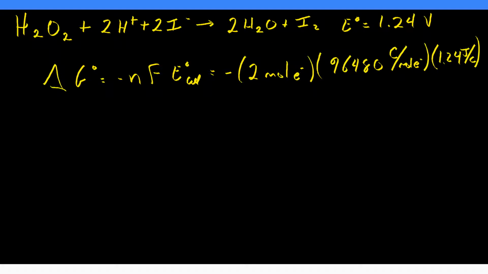It's a little harder to see on this one, and you might not remember that far back, but there were 2 electrons being transferred in this reaction. So 2 electrons times 96,480 times 1.24 joules per coulomb equals negative 239 kilojoules. So again, it's spontaneous, but that number doesn't necessarily mean anything in and of itself.